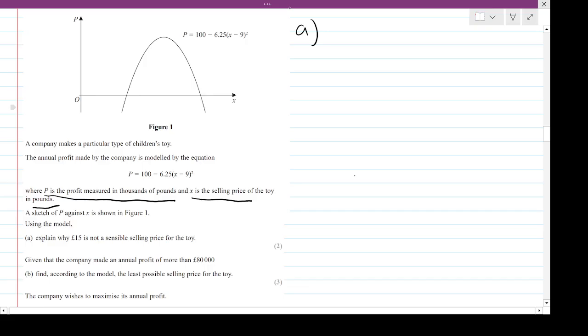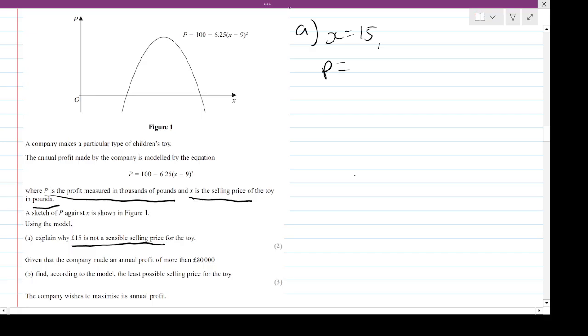Again, a fairly common sort of question. You need to use the model to find when it isn't reliable. To do that, we just need to substitute a value in. It's asking why £15 is not a sensible selling price, but as we underlined, X is the selling price in pounds, so X would be 15. Let's see what happens when X is 15.